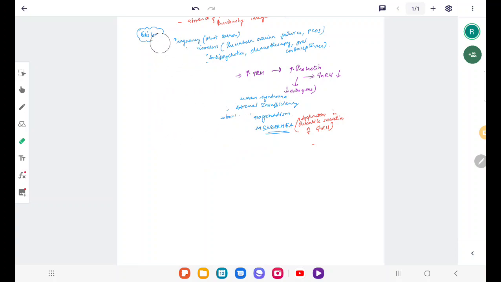So the very first thing we got to perform is to evaluate the pregnancy test. So number 1, pregnancy test. So if the pregnancy test is negative, we got to evaluate the levels of FSH, TSH and prolactin levels.